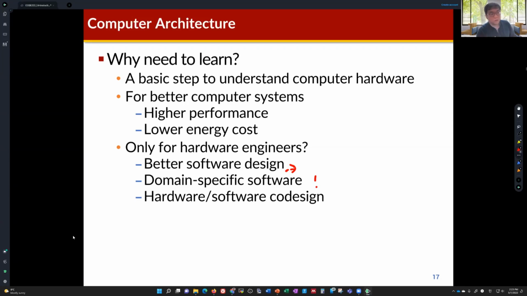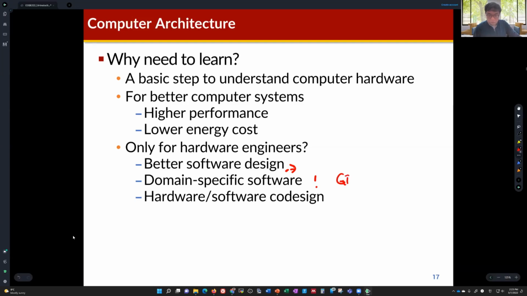It is because parallel processing or parallel execution is very critical for some types of applications, such as neural networks or machine learning applications. So these applications need to be run on parallel processors like GPUs.